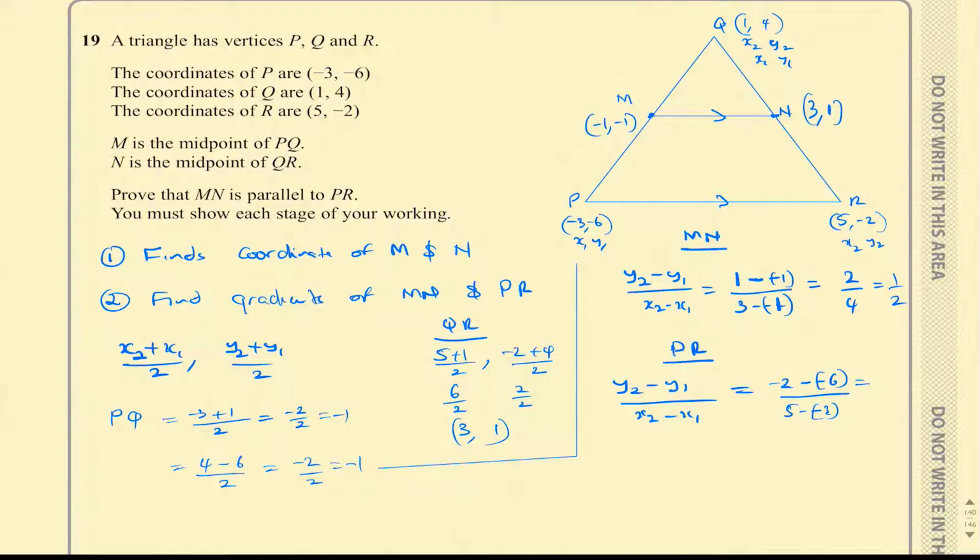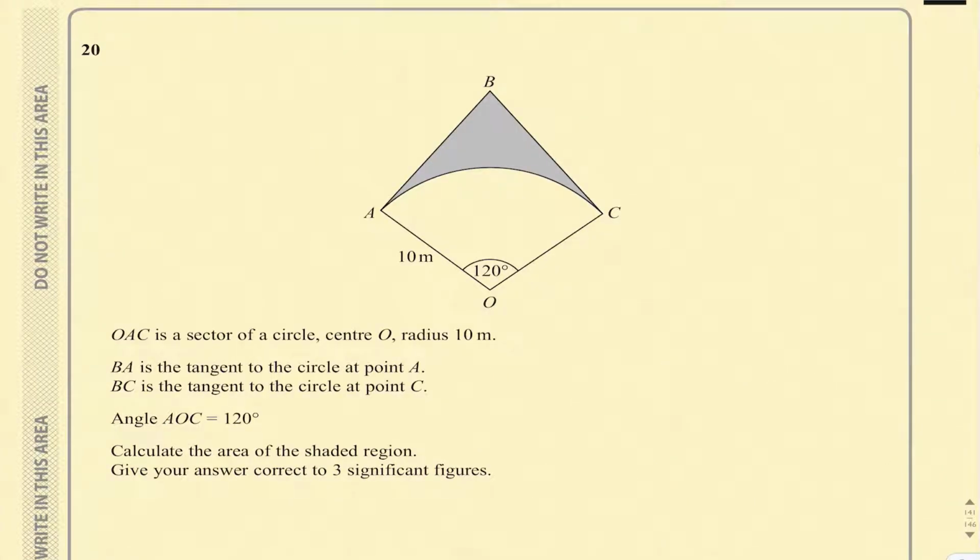That will be equal to -4 over 8, which is also a half in magnitude. Since the gradients are the same, therefore MN is parallel to PR.